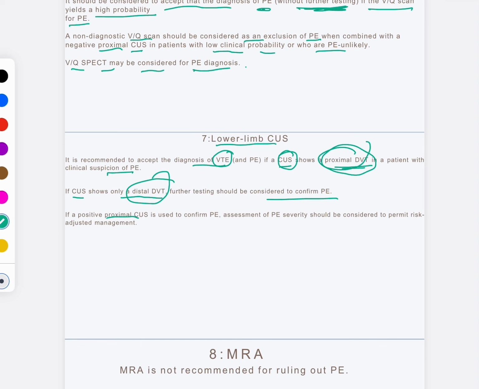If a positive proximal compression ultrasound is used to confirm pulmonary embolism, assessment of pulmonary embolism severity should be considered to permit risk-adjusted management.